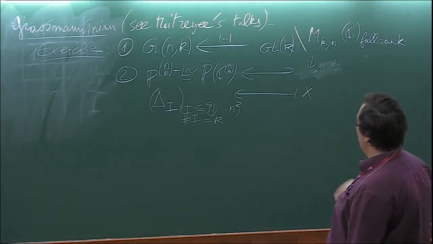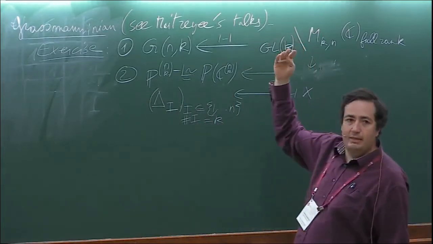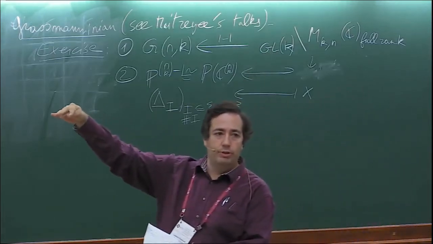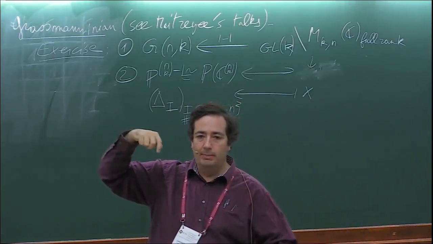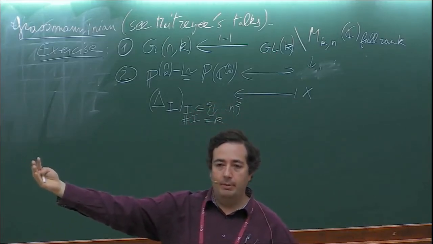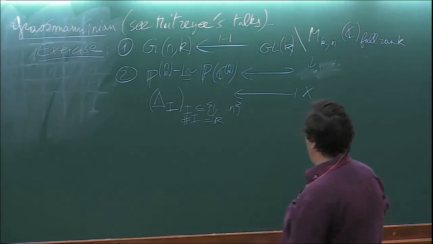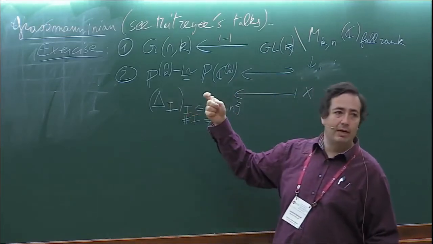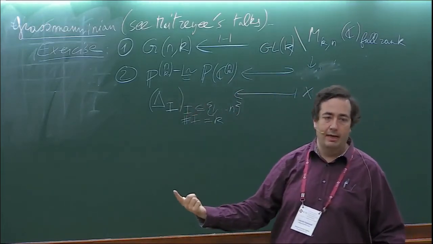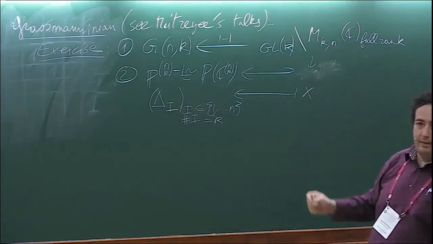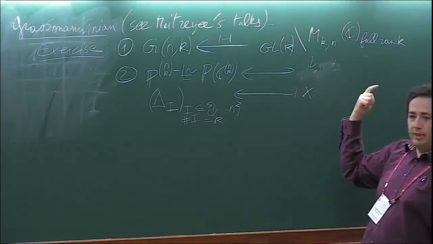Another thing is, what is the action of GL_k? Think about it, but the action of GL_k multiplies all the minors by the same constant, because when you multiply a matrix by an element of GL, you multiply by the determinant of this element. Therefore, my target is well defined just up to a scalar, so that's why I need the projectivization. So please check that. The injectivity is not that difficult to check.